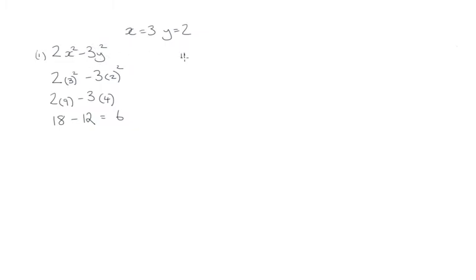Okay, I'm going to do another one here for you now. Say 3x squared minus 5x plus 6. And we are assuming that x is equal to 3 and y is equal to 2. So we're assuming that is the same for this here. If you want to have a go at this sum, you can pause the video now, have a go, and then press play and see if you got it right.